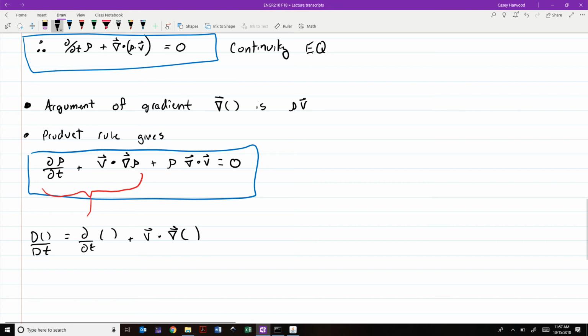So if we look at those two first terms, then we can see that rho fits into each of these arguments. We've got rho, rho, and rho.